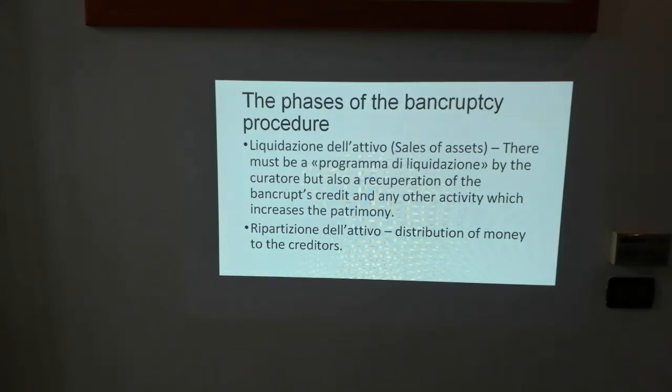Then you've got the liquidation process, the liquidazione dell'attivo. So this is the sales of the assets, and maybe they go to an auction, aste, where they must be auctioned off, sold for the maximum possible. All the time the curatore will be communicating with the committee of creditors to make sure they're happy with the process and see what their opinions are on different decisions.